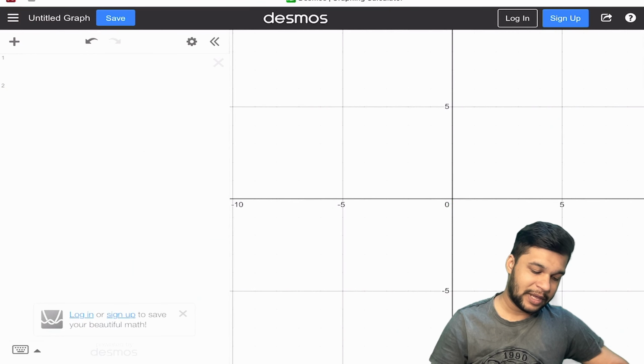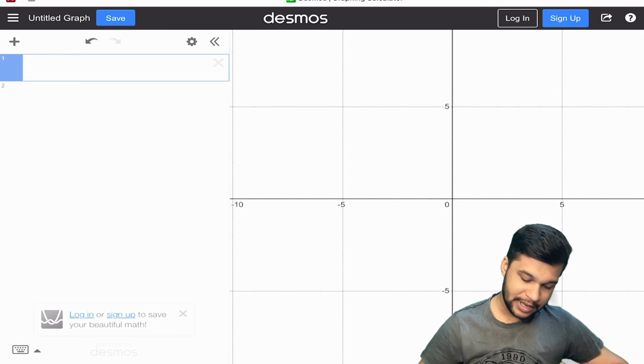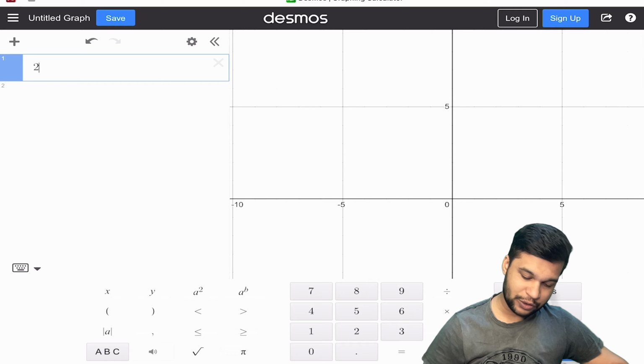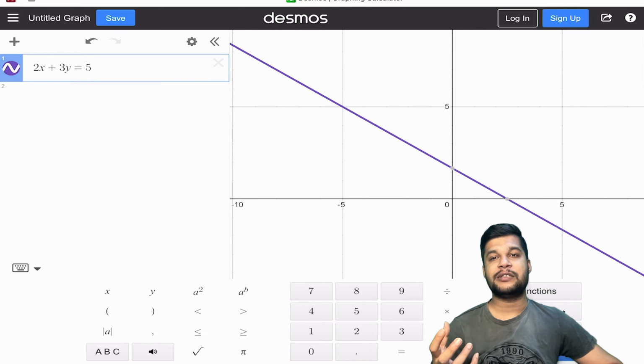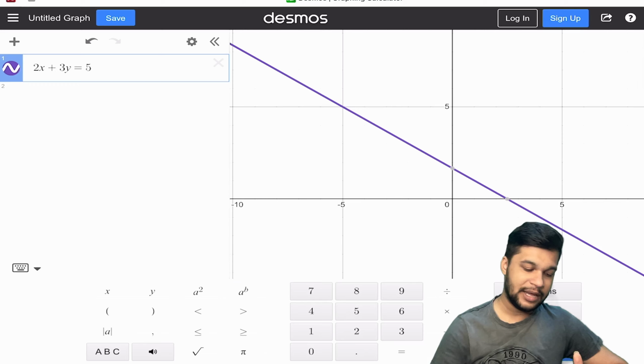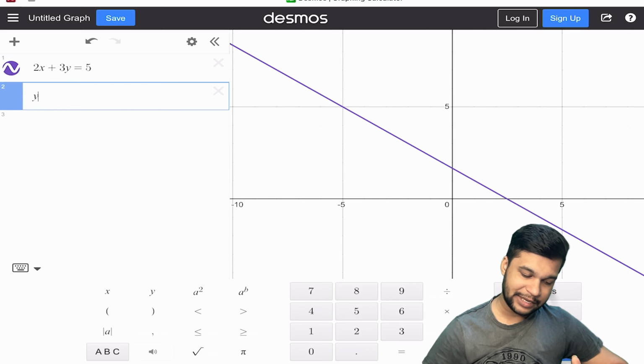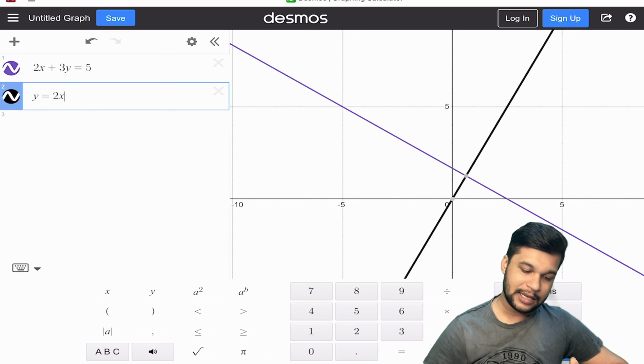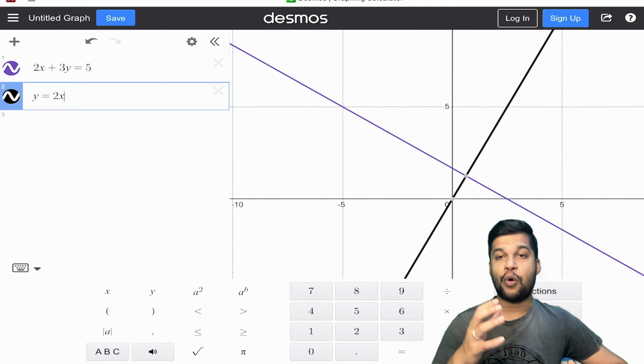For example, let's say this is your Desmos graphing calculator. If I write the first equation, 2x plus 3y equal to 5, you can see this is a straight line. If you write the other equation, y equal to 2x, you will observe that this is also a straight line.